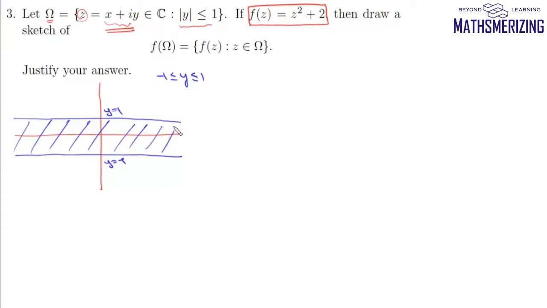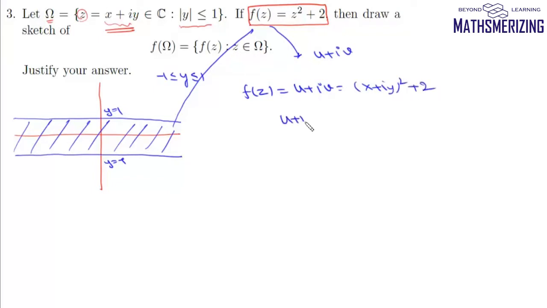Now we'll put the points from the domain in this function, then it will transform into an output space. Suppose u plus iota v. So we'll write f(z) as u plus iota v, and it is z square. z is x plus iota y whole square plus 2. So we'll write this as u plus iota v, and it'll be x square minus y square plus 2xy iota.